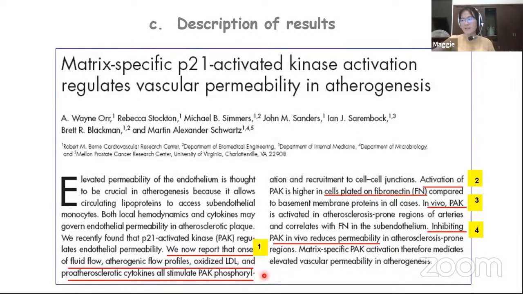And then the second finding, including the activation of the PAK in vitro, and then inhibiting this PAK can reduce the permeability. So they have 4 main findings in their study.